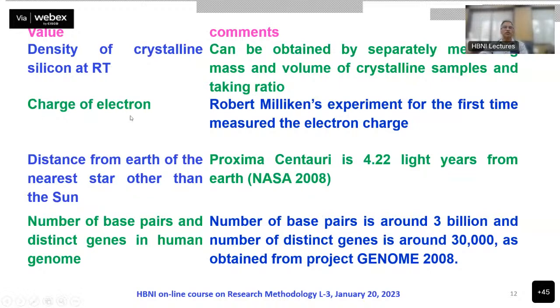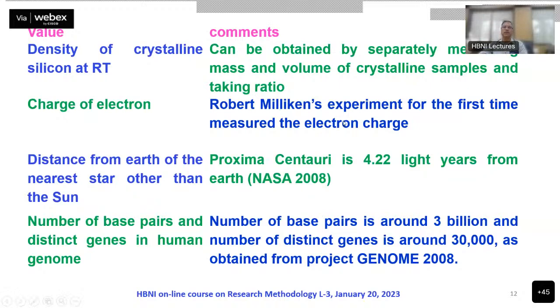Similarly, the charge of an electron. In fact, it is a very interesting story about Robert Millikan's experiment, who for the first time measured the charge of an electron. You must see this work. When he first measured, he did not take into account the effect of temperature on the buoyancy of the oil drop that was falling down.